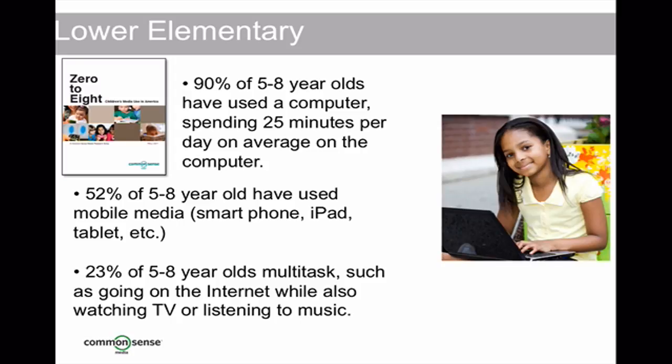That's even easier because of the touch function. It's easier for younger kids to use mobile media. Finally, we see that even young kids are starting to media multitask, which means they're using more than one medium at the same time. About 23% of 5 to 8-year-olds media multitask.